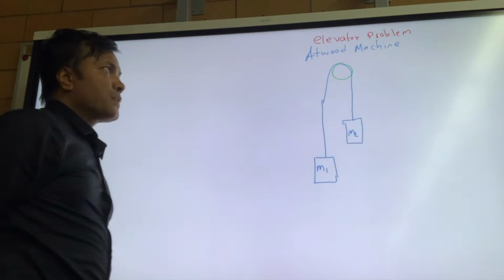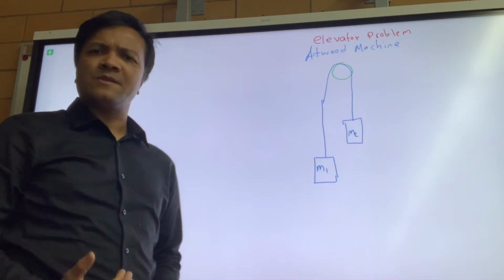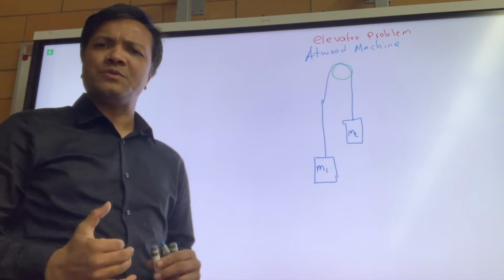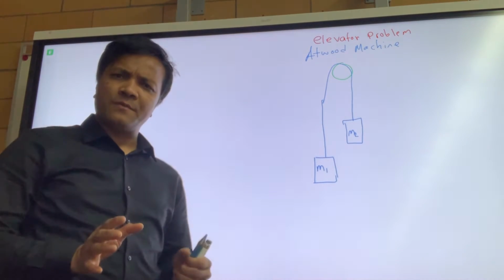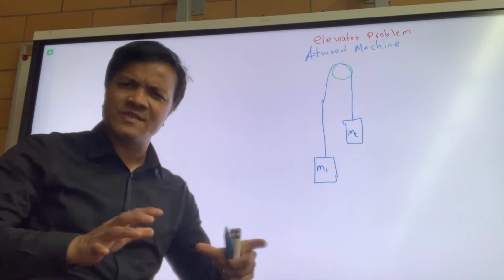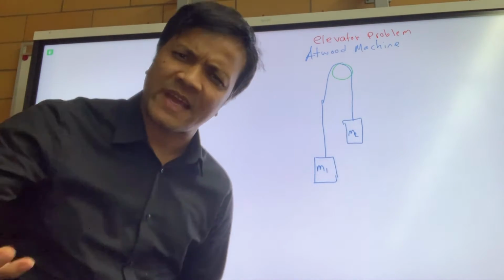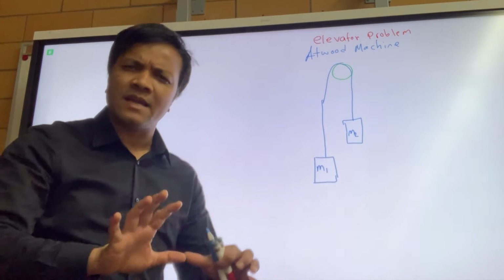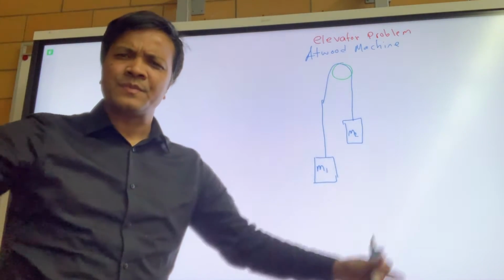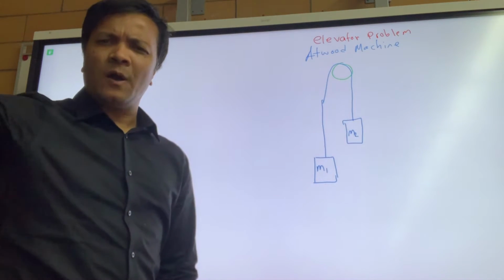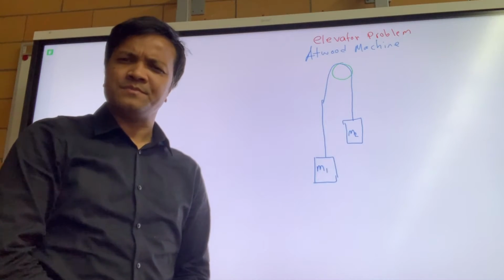Alright, so in the United States, it is illegal to have acceleration greater than 1.2 meters per second every second in an elevator. If the acceleration inside the elevator is more than 1.2, then the elevator gets shut down, repairmen get called and the elevator gets repaired.